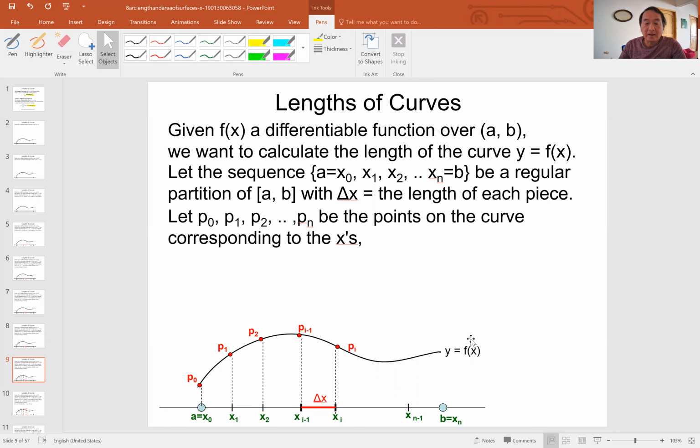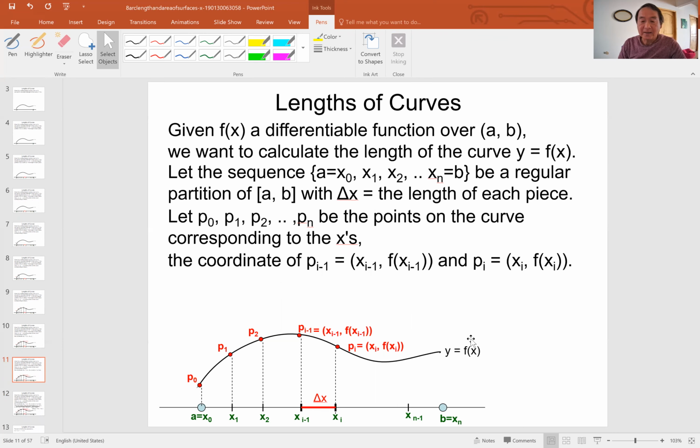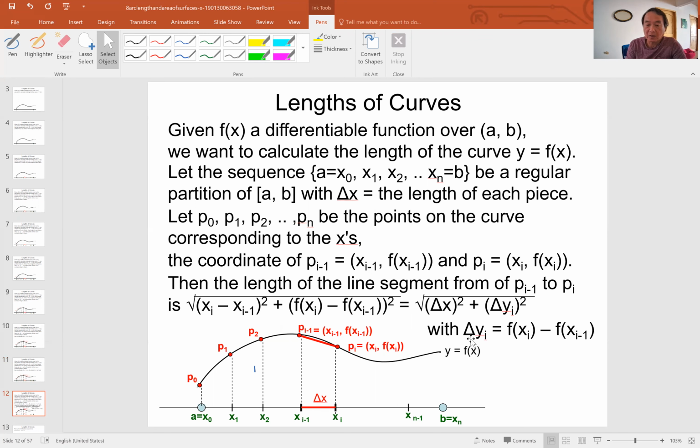Instead of calculating the curve, we calculate the line segments. In particular, a line segment connecting the point Pi to Pi plus 1, and we use the line segment to approximate that little piece of curve.